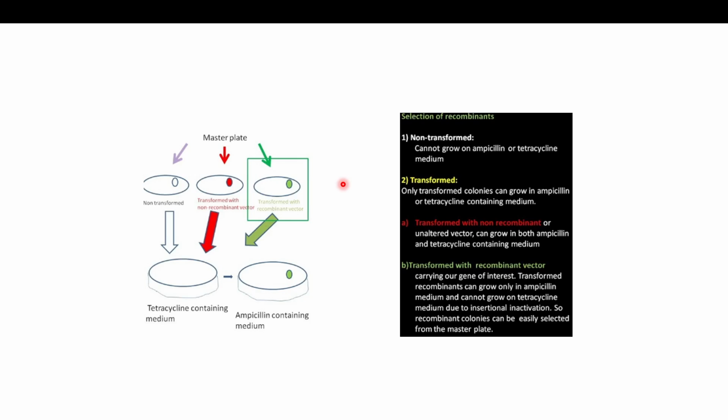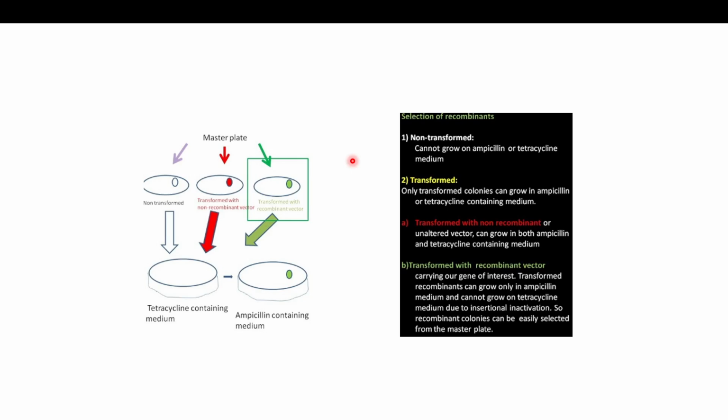But suppose I have introduced a certain gene in pBR322, which has a stretch of ampicillin resistance gene and tetracycline resistance gene. Suppose I have introduced a certain gene fragment in the tetracycline resistance gene. Then the tetracycline resistance property of the pBR322 plasmid will be hampered, so it won't show tetracycline resistance.